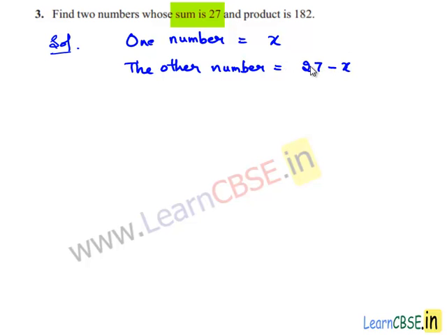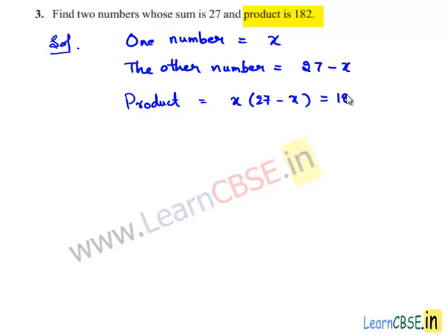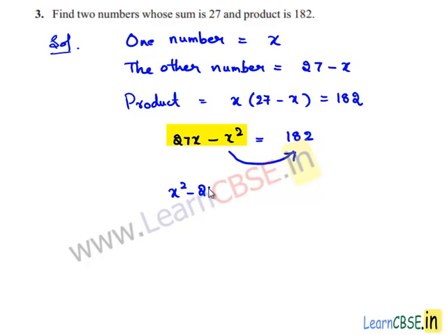So the other number would become 27 minus x. And the product of the two numbers, which is x times 27 minus x, is given as 182. So on multiplication we get 27x minus x square is equal to 182. Now transposing the terms on the left hand side to the right hand side, we get x square minus 27x plus 182 is equal to 0.